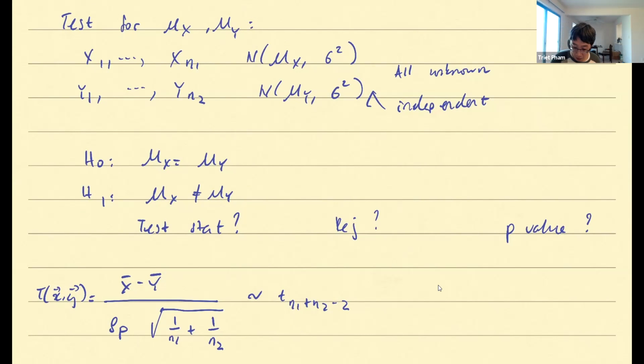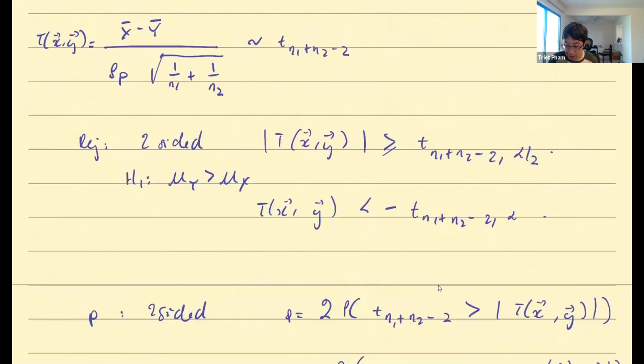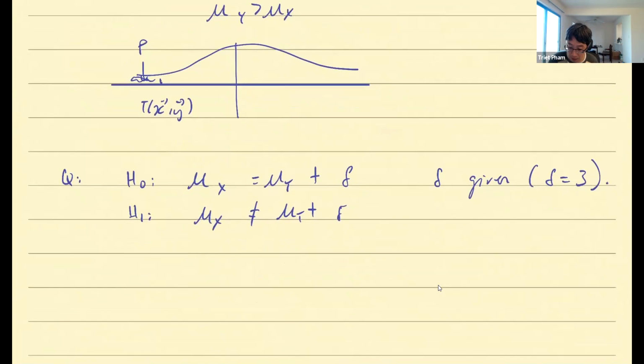I would say maybe I want to test the fact that the boys' height is 1 inch, whatever, on average above girls' height. Then I would translate my hypothesis like this. Same setup. How would I construct my test stat, my rejection region, p-value, etc.?